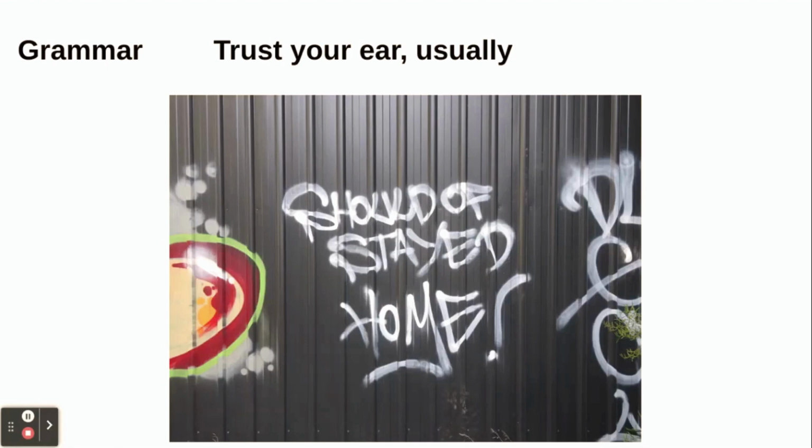"Should of stayed home." It should be "should've," apostrophe VE. "Should've stayed home." It's short for "have." But we oftentimes, as American speakers, make it sound like "of." "Should of stayed home," when it should have been "should have stayed home."